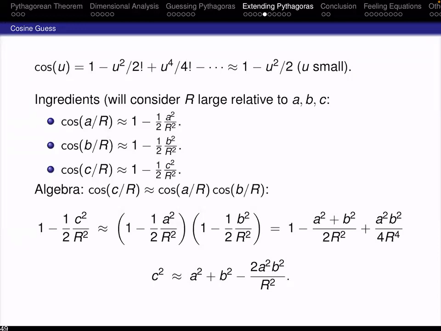As r goes to infinity, it does look like c squared is a squared plus b squared. So this is not a proof, but this is strong evidence that maybe there is a formula like this for Pythagoras on a sphere, that the cosine of the hypotenuse is the product of the cosines of the other two.